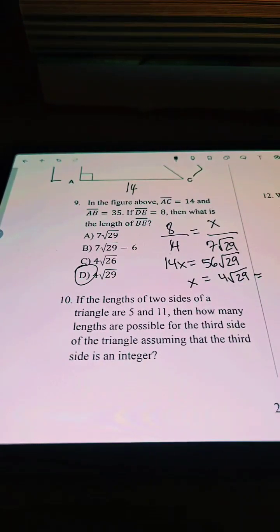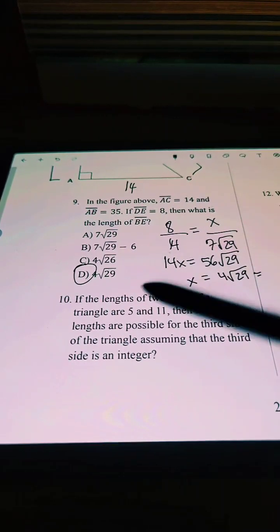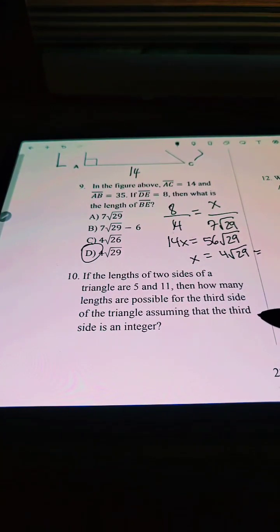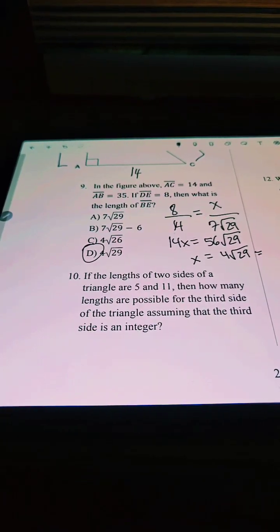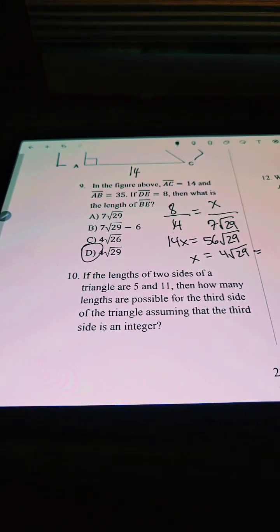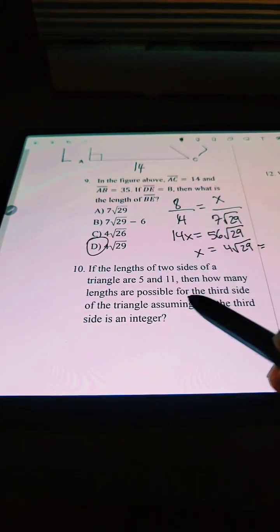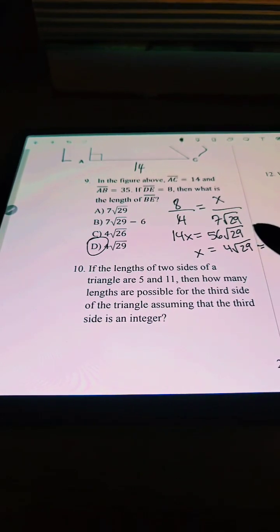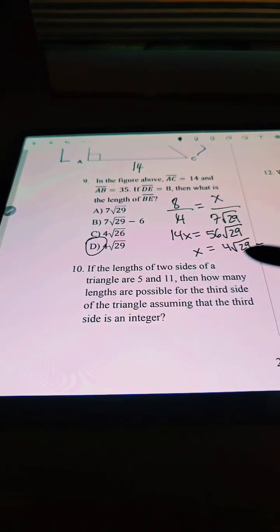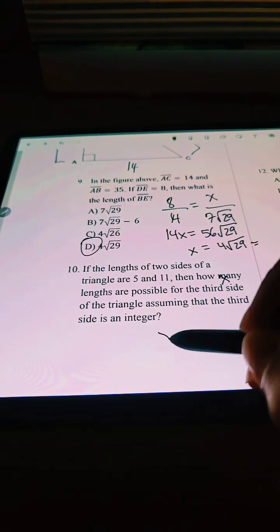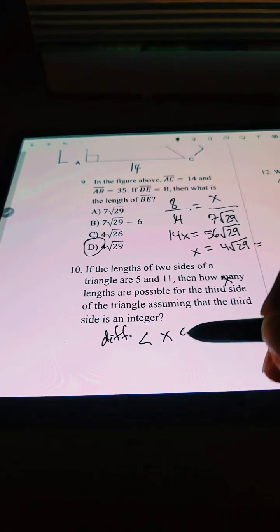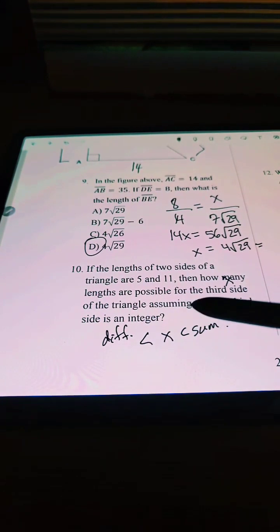Let's see. If the lengths of two sides of a triangle are 5 and 11, then how many lengths are possible for the third side of the triangle, assuming that the third side is an integer? How I typically teach this for the exam is that the possible third side, which we'll call x, is going to be between the difference and the sum of the other two sides.